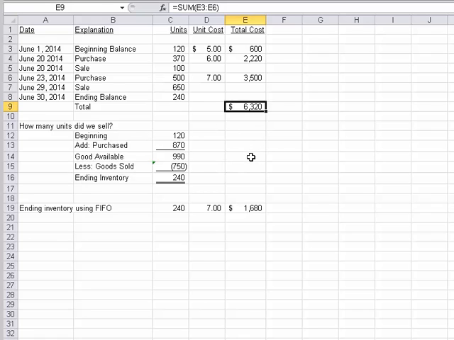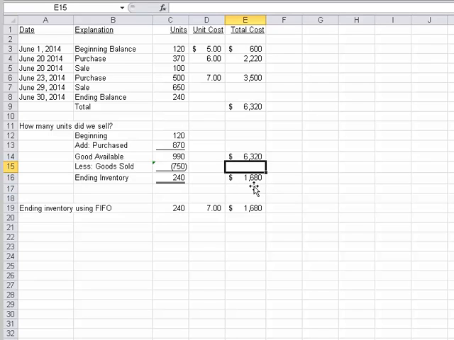Okay, so back to using this analysis here. If the total cost of the goods available considers the beginning and the ending, then we could put $6,320 to represent the goods available. If we know the ending inventory is valued at $1,680, then we know the difference had to have been the cost of goods sold, right?